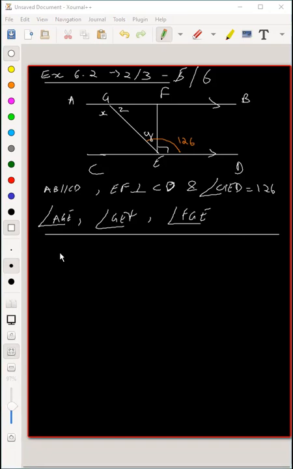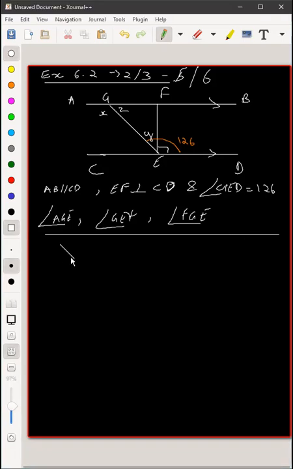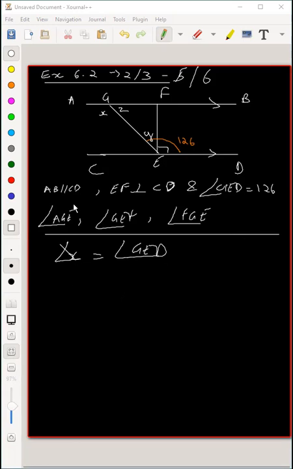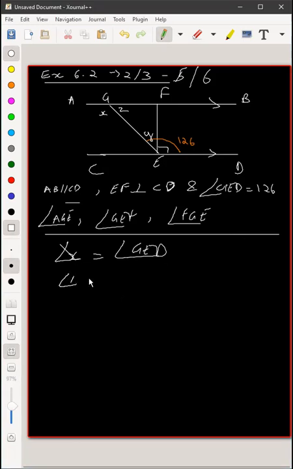Yes, they form a Z shape. So angle X will be equal to angle GED. So what will be the value of X or AGE? 126 degrees. What's the reason? Alternate angles. So we get 126 here.